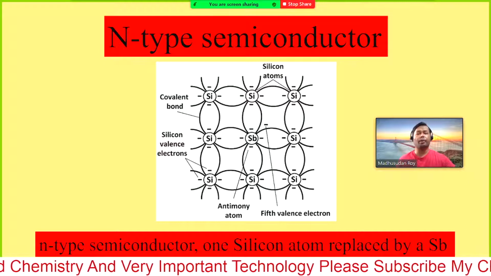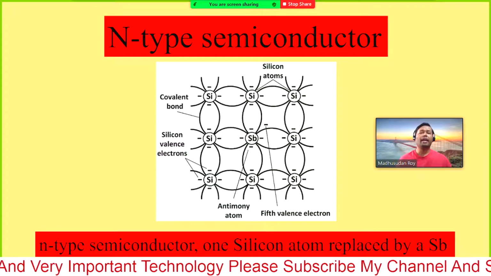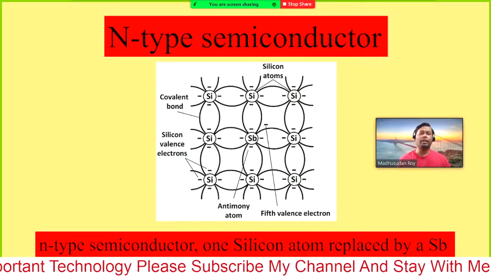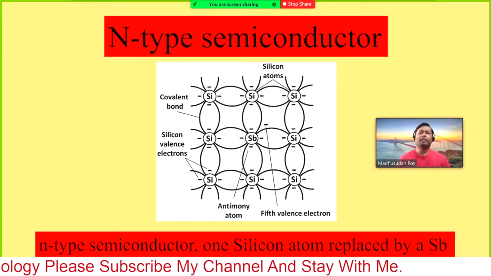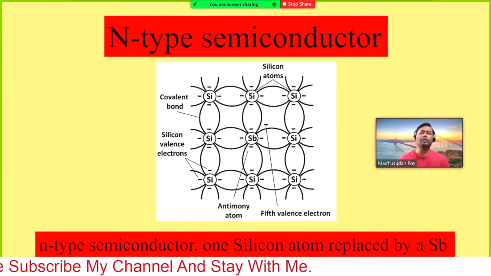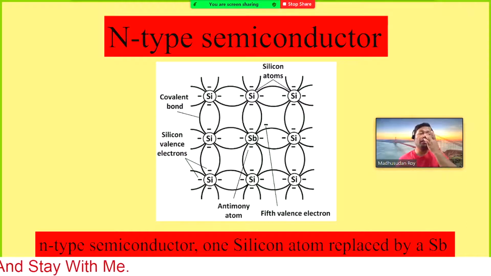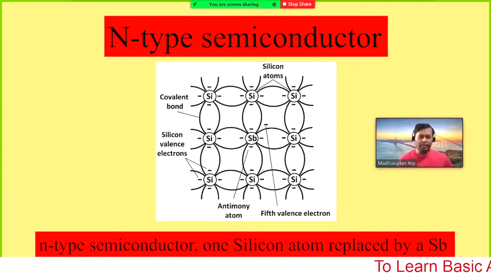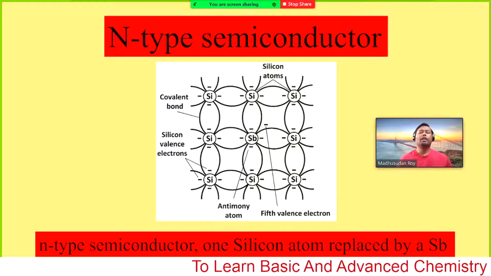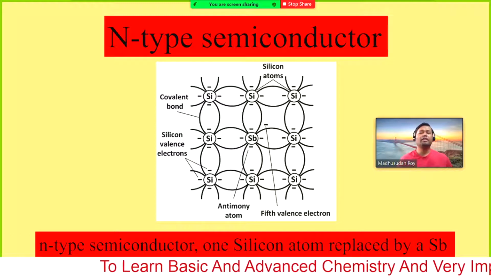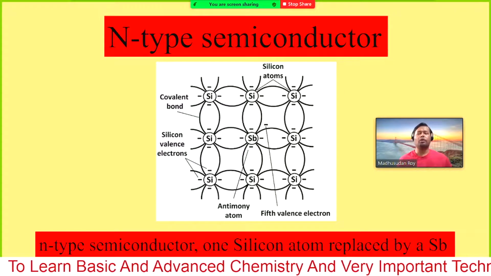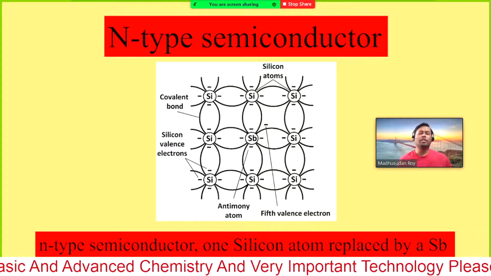I should say similar property they will show, but not the exact same property, because if the conductivity increases when we replace one silicon by one antimony, in that case the conductivity of that semiconductor can be increased, let us consider 1000 times. But if you add some bismuth, in that case the conductivity can be increased by 10,000 times, maybe. Exactly I do not know how much it will be increased.